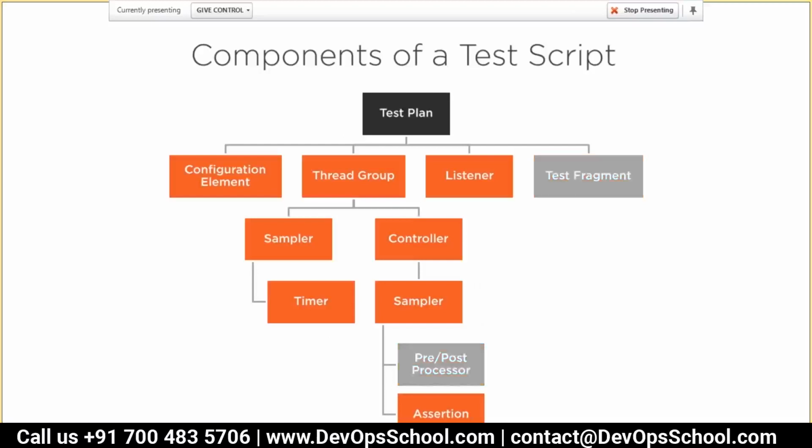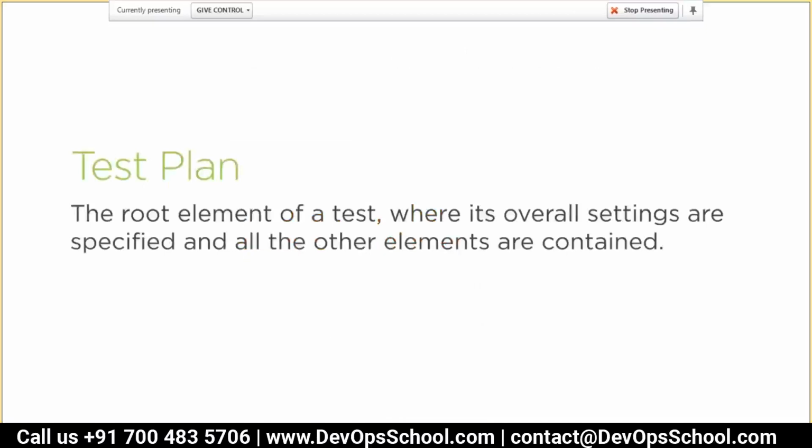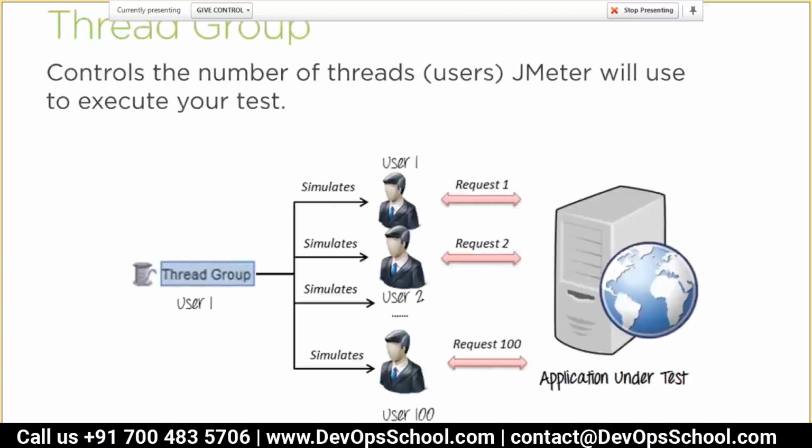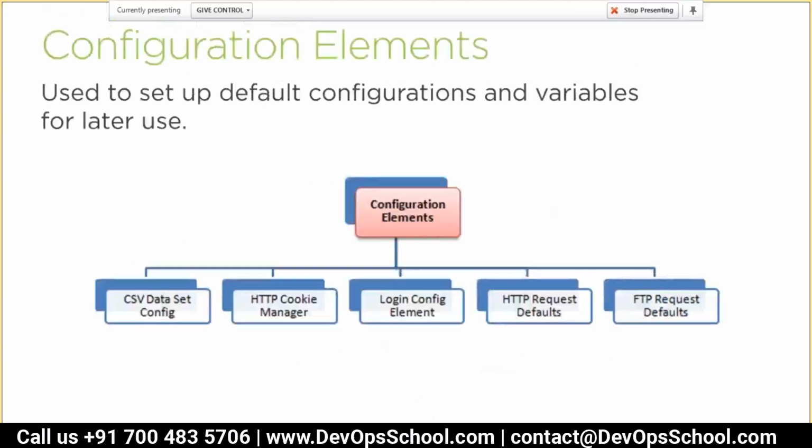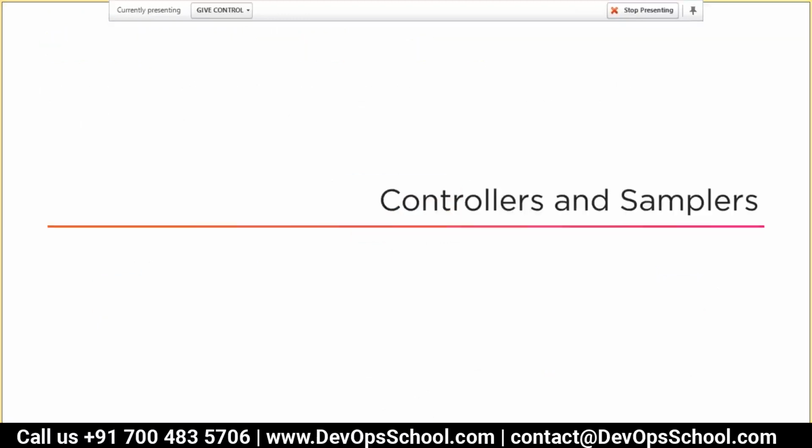I talked about these. The test plan is basically the root element holding all the components. The thread group creates the number of threads, simulating the number of user requests on the application. The configuration element is used for default configuration and variables for later use cases. This is optional.